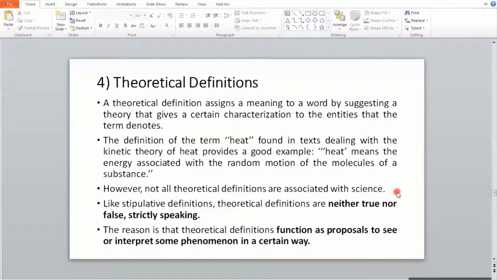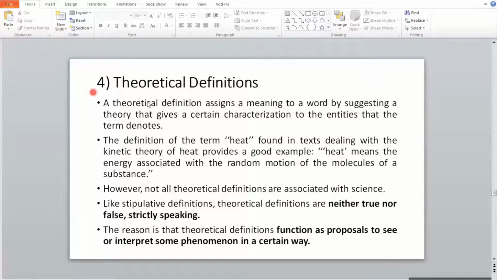But we cannot define all terms by referring to theories, because there are many terms which are not covered by theories. So we cannot define all terms or words by using a kind of theoretical definition. I mean, there is a limitation to using this kind of definition for all terms and words.